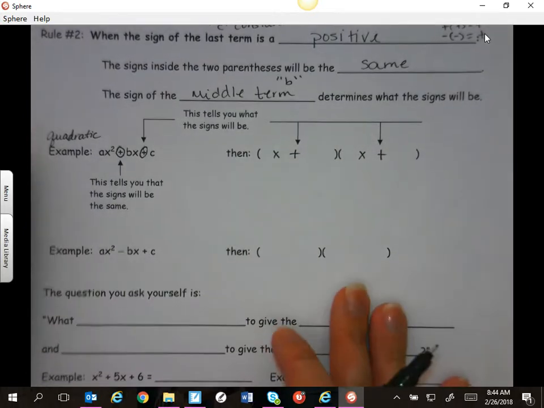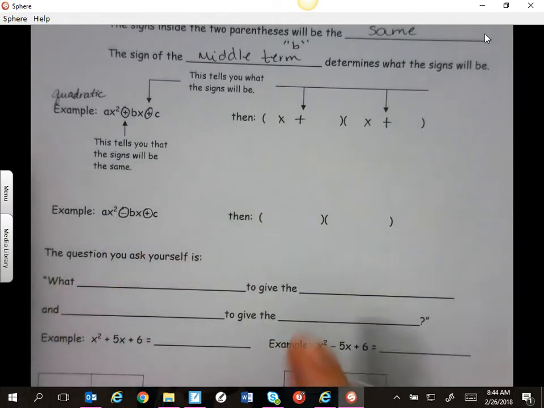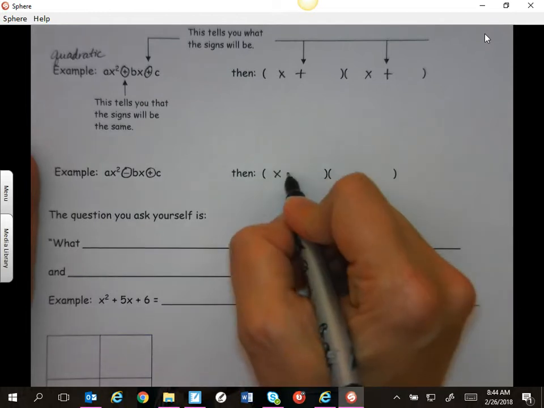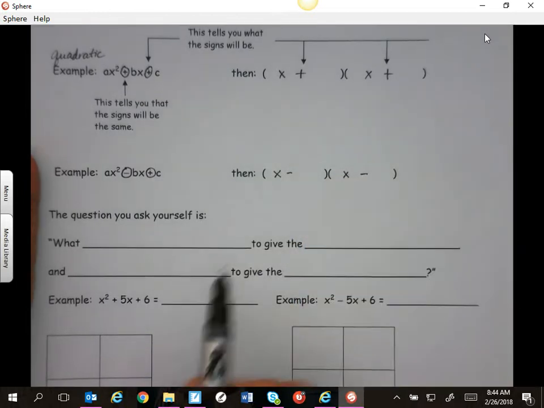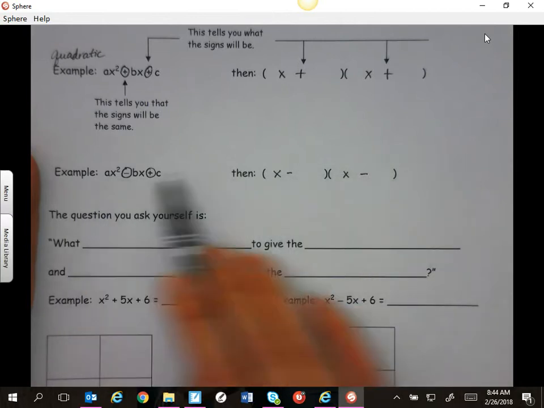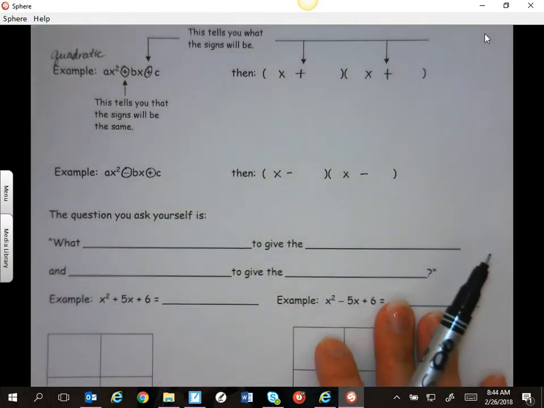In like manner, if your middle term is negative and your constant is positive, that means both of your signs are going to be negative, because whenever we do FOIL or box, a negative times a negative gives you that positive c term. And we're going to look at that today.